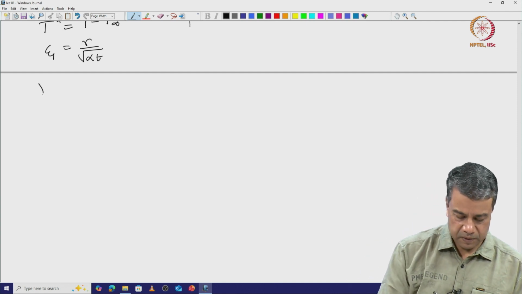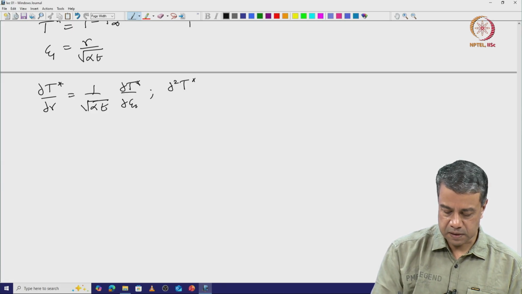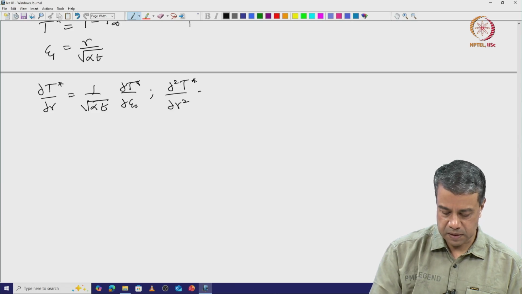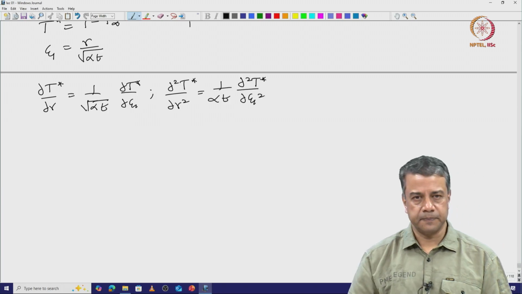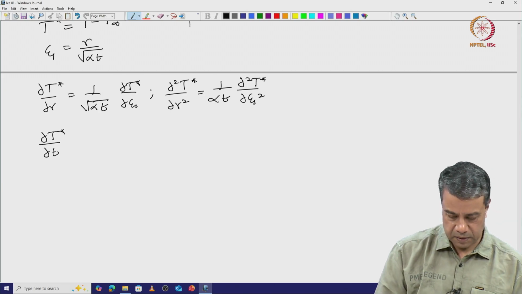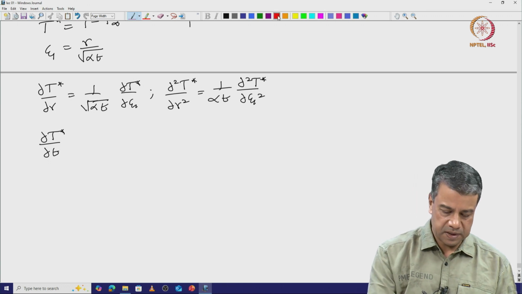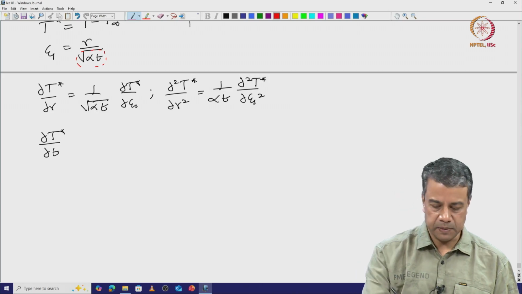Therefore, partial T star by partial r is equal to 1 by root alpha t, partial T star by partial psi, partial square T star by partial r square is equal to 1 by alpha t, and partial T star by partial t. These two come out straightforwardly because psi and r have only a factor of root alpha t between the two.